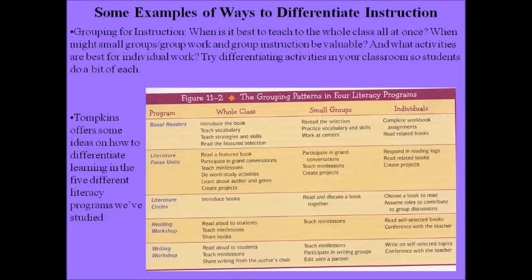Now, Tompkins offers some ideas on how to differentiate learning in the 5 different literacy programs that we've studied. She says, you've got whole group or whole class activities, small group activities, and individual activities. And these are the different types of literacy programs that she would have us focus upon, right? The basal reader programs, literature focus unit programs. You'll remember that those can be focused around a specific author or a specific theme in literature or something like that.